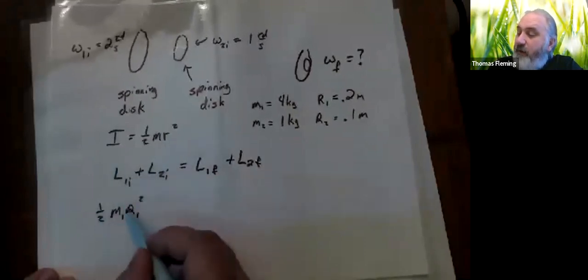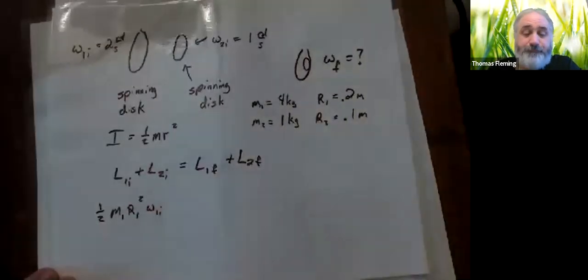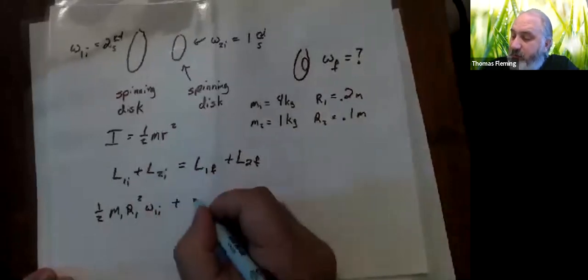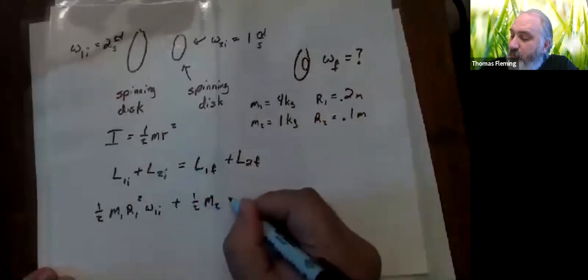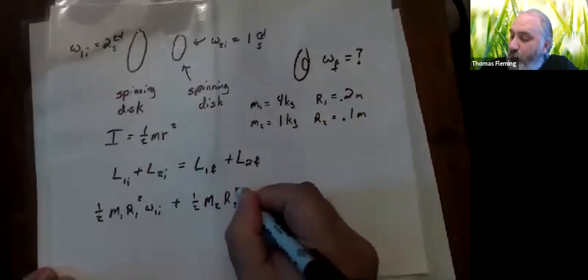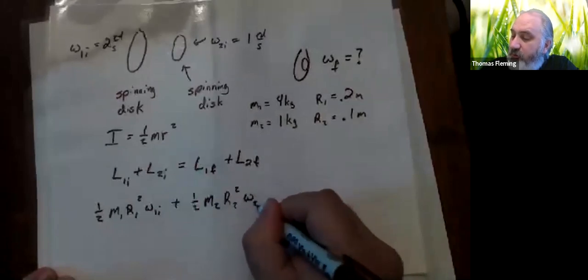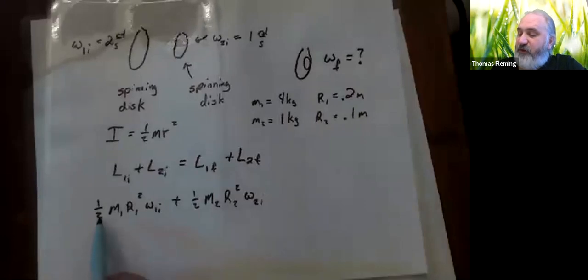This is I, and omega is omega 1 initial. Then I've got to add L2 initial. That's going to be 1/2 mass 2 times R2 squared times omega 2 initial. So this is just this expression expanded out a little bit.